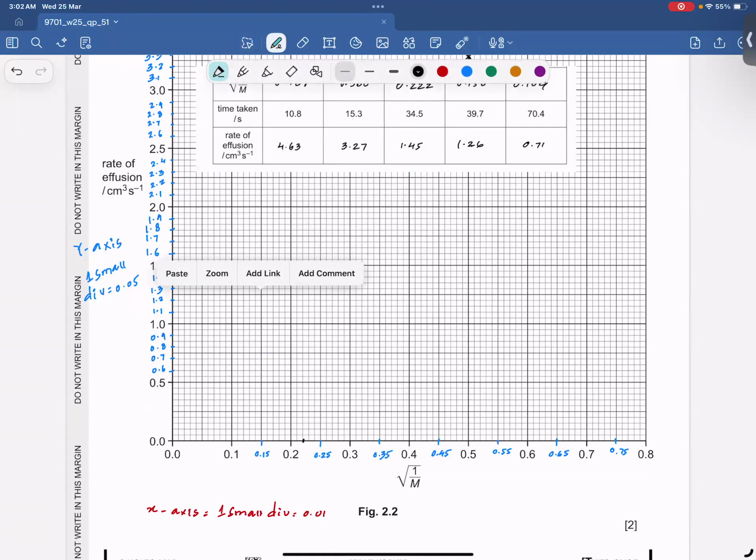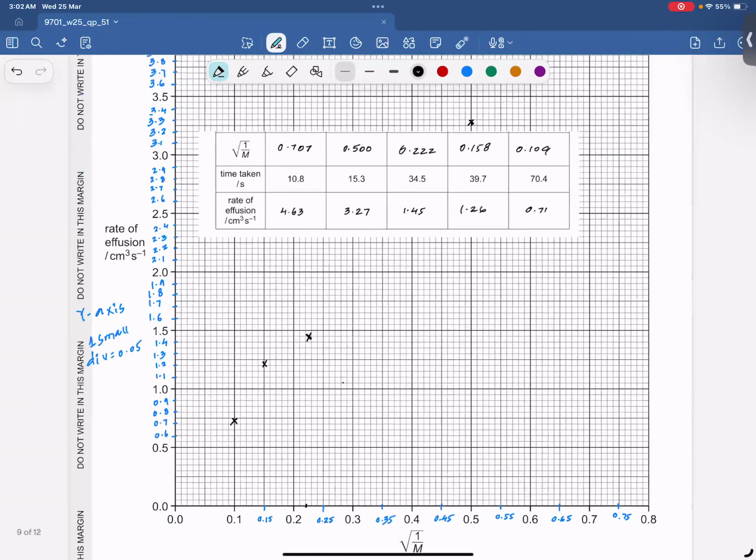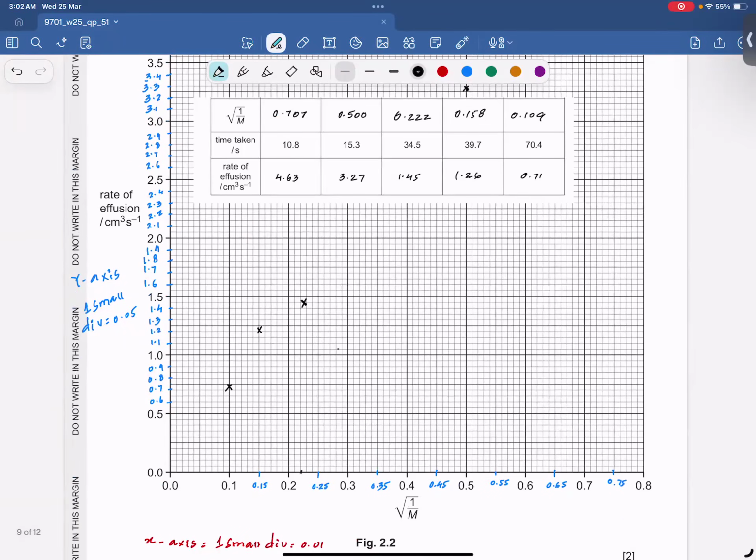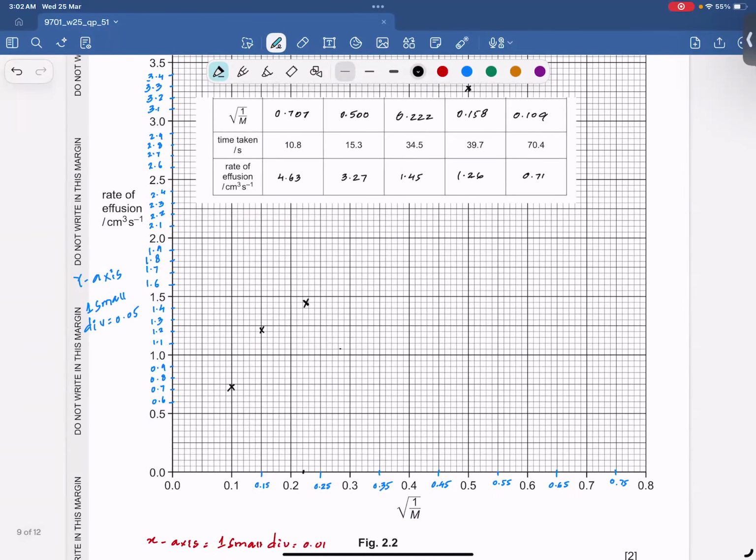Oh my goodness, this one. Okay. Not this one. Somewhere here. Okay. Last 0.71. Last here. 0.109. Somewhere around here. Okay.